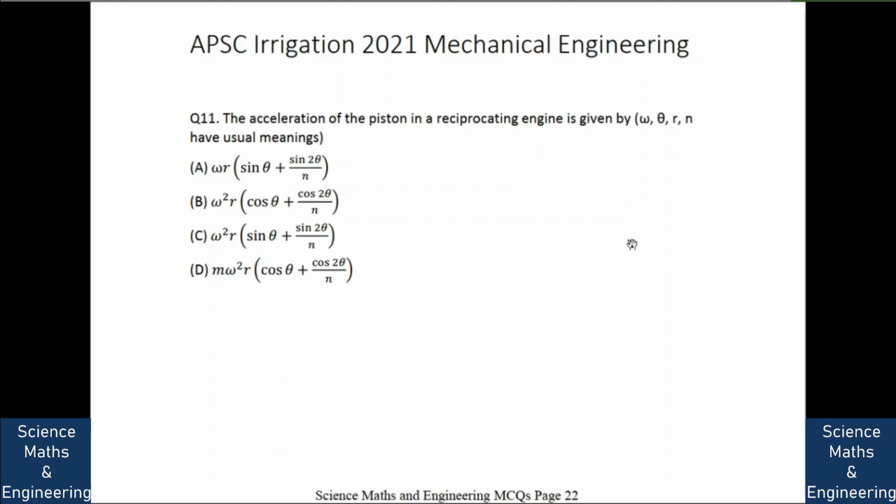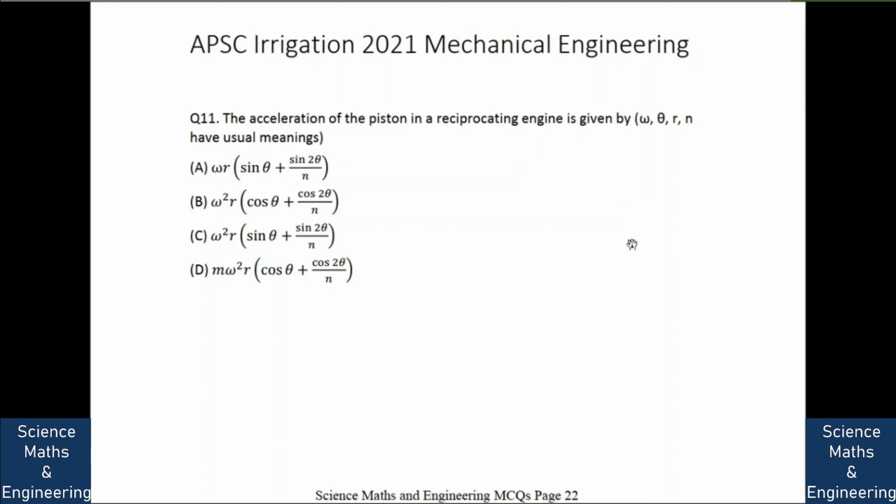A, omega r into sine theta plus sine twice theta by n; B, omega square r into cos theta plus cos twice theta by n; C, omega square r into sine theta plus sine twice theta by n; or D, m omega square r into cos theta plus cos twice theta by n. So this is basically primary acceleration we are having, and also the secondary acceleration. So you can pause and think of it.